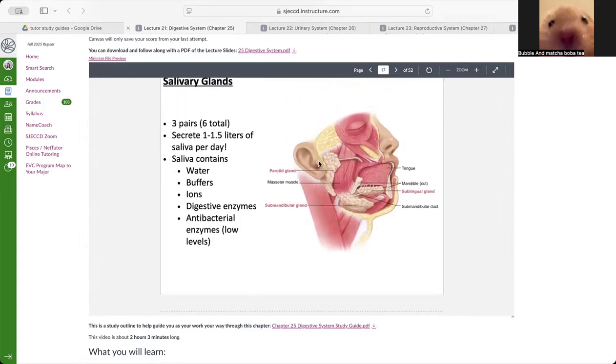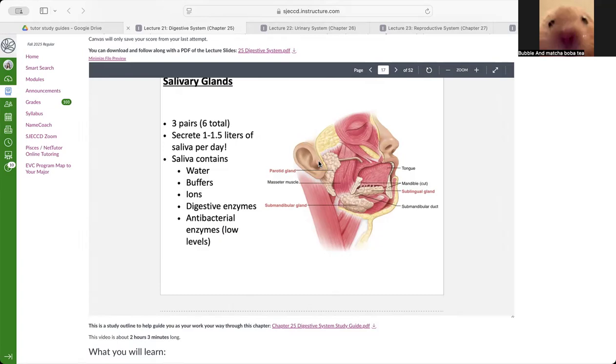We have salivary glands. There are about 3 pairs, and they secrete 1 to 1.5 liters of saliva per day. Saliva is water that buffers and keeps a pH of 6.5, slightly acidic, and it has ions, digestive enzymes like salivary amylase, which digests the starch in your food into simple sugars, and an antibacterial enzyme.